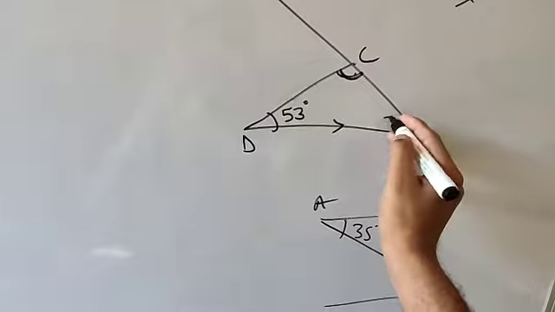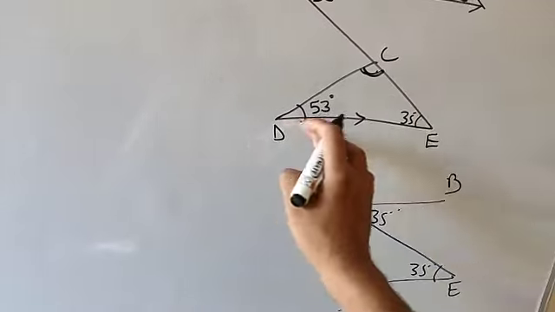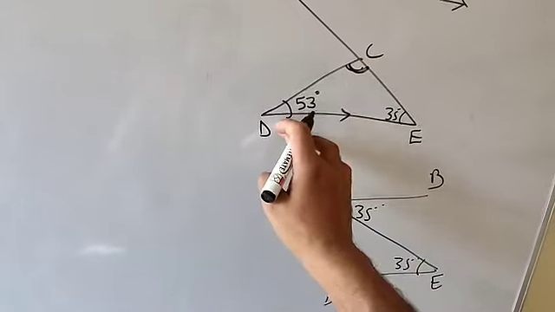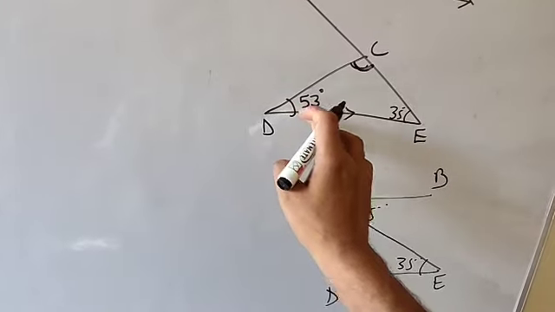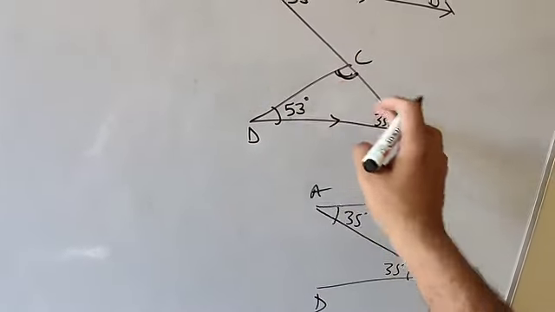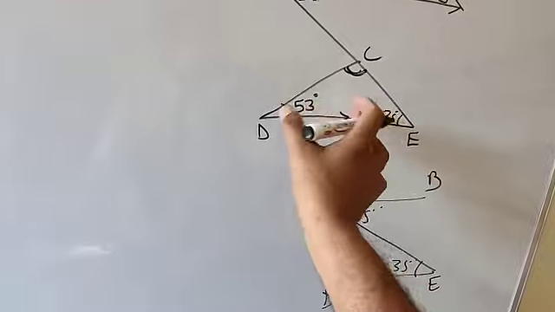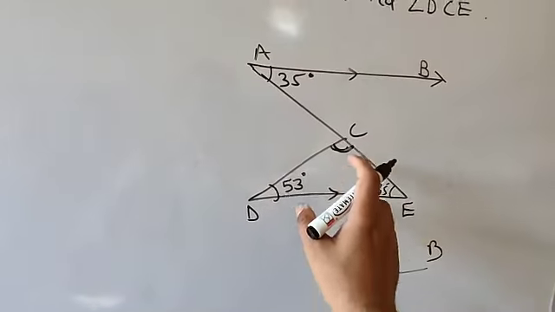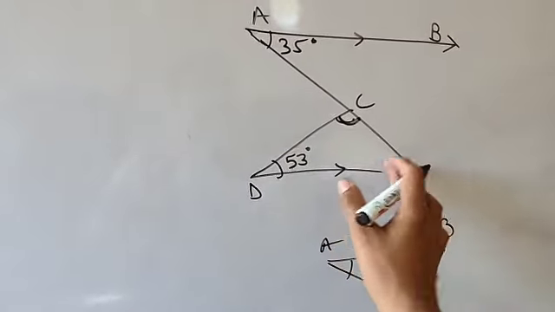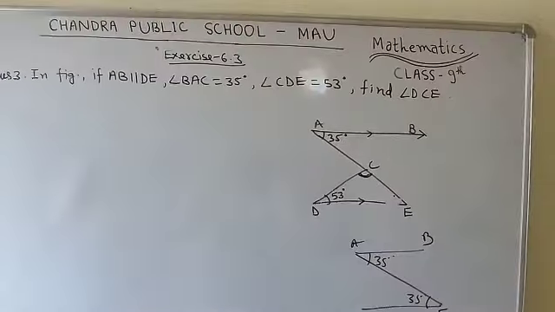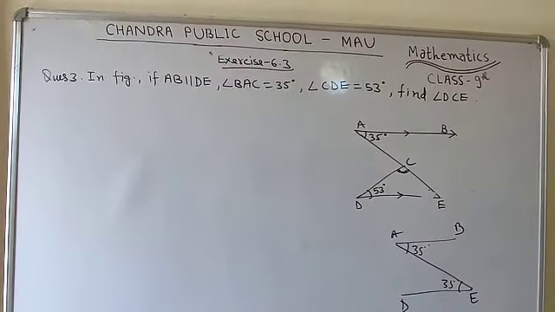If it is 35, then it will be 35. Now follow the angle sum property in the triangle CDE: angle D plus angle E plus angle DCE equal to 180 degree, and after that you will get the value of angle DCE. So solve this question by yourself. That is question number 3.